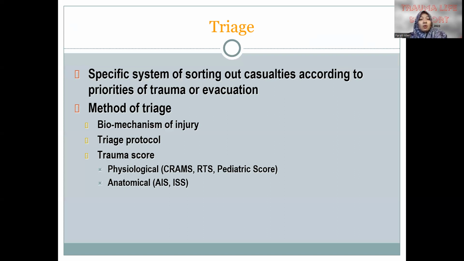Or you can use a trauma score. We have two: physiological score or anatomical score. The revised trauma score or pediatric score is based on physiological findings. AIS, the abbreviated injury scale, or injury severity score is based on anatomical injuries.